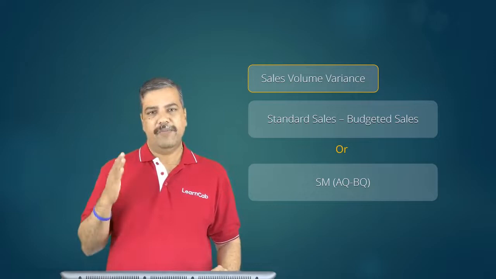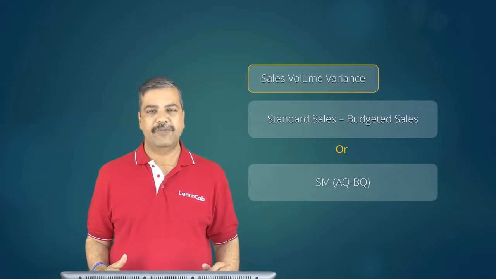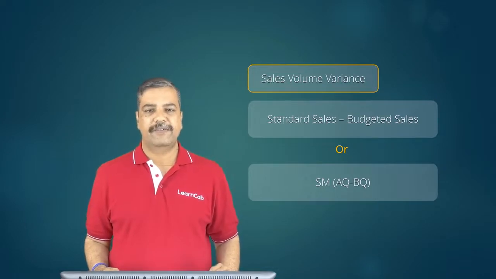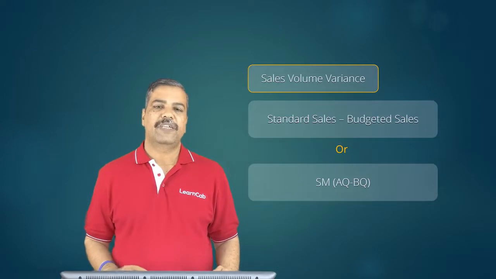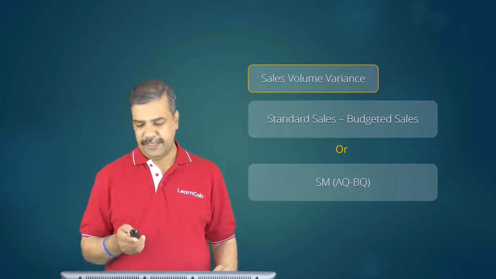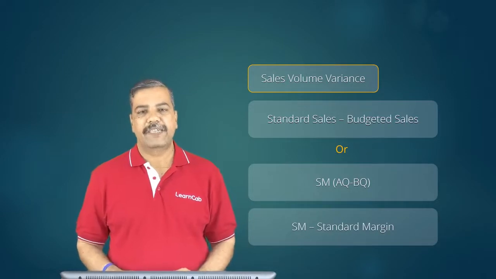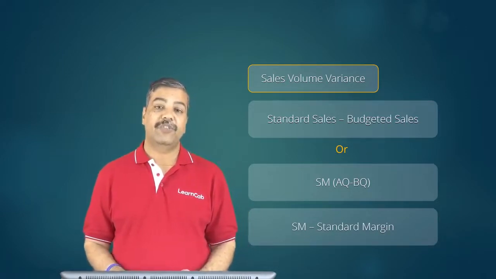So actual quantity minus budgeted quantity gives you a net surplus or net deficit quantity. That, multiplied by your SM, your standard margin, whatever you have fixed, will give you the sales volume variance. That's very important. So SM stands for standard margin. What is the standard margin? The margin at which you are predicting your sales to go.